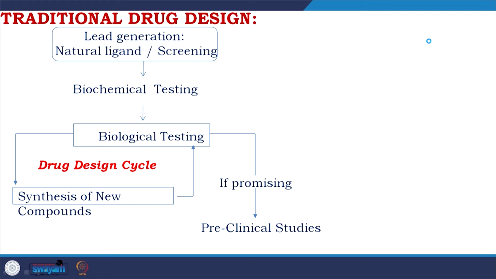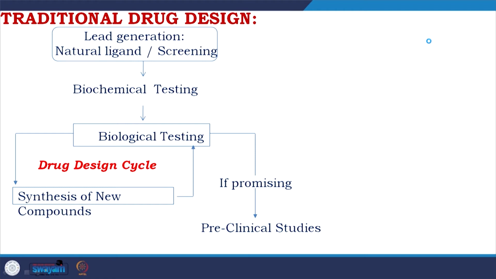Before going into challenges, let us look at traditional drug designing. You have this lead generation, natural ligand, you do screening, then you get biochemical testing. If you get a positive result in biochemical testing, then you go to biological testing.